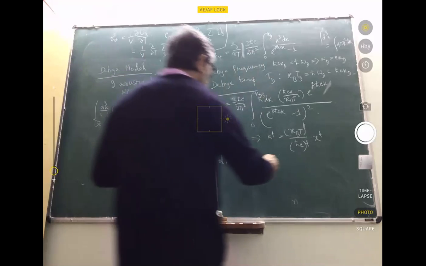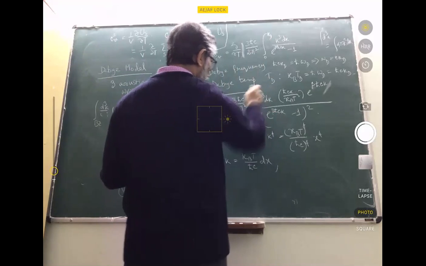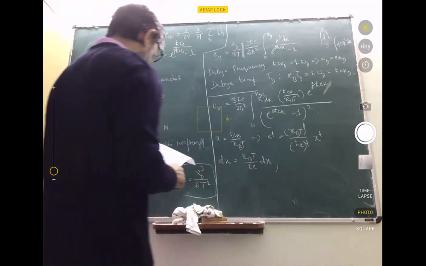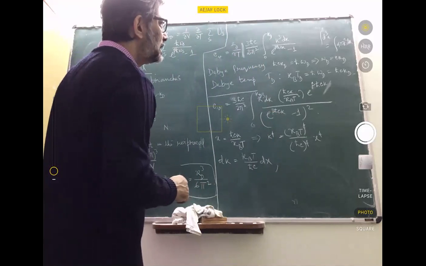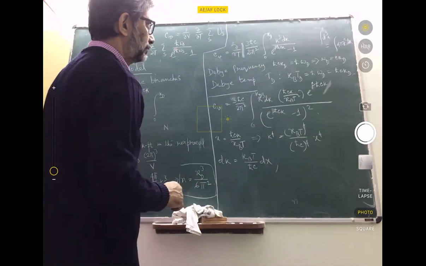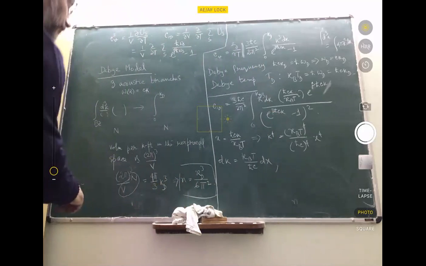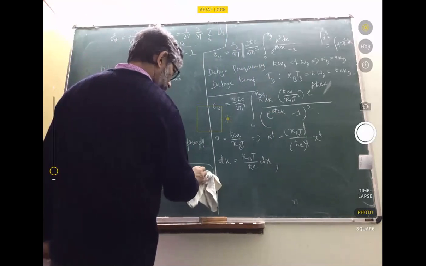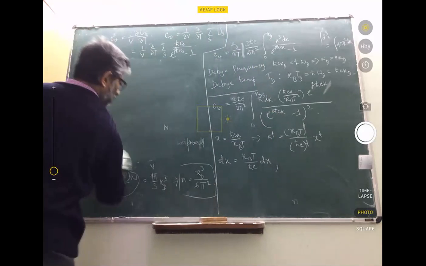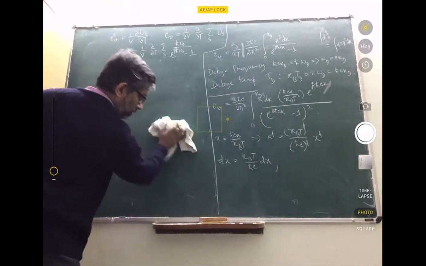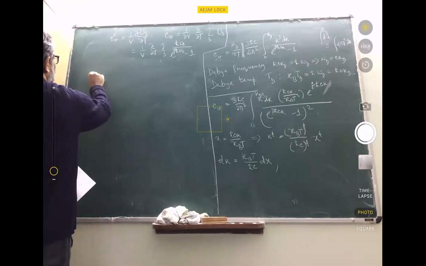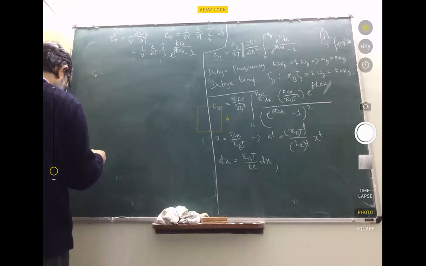And also, because the k integral goes from 0 to k_D, the x integral would go from 0 to T_D over T. So with all of that, let's see.